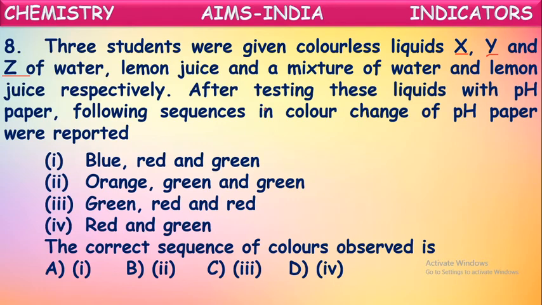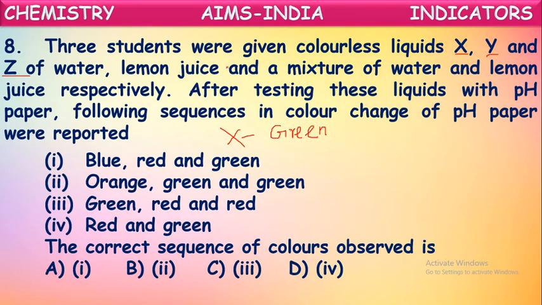Let us observe. First one is water. We know water and neutral solutions will give green color with pH paper. So the solution X gives green color. What about Y here? It is a mixture of lemon juice and water.